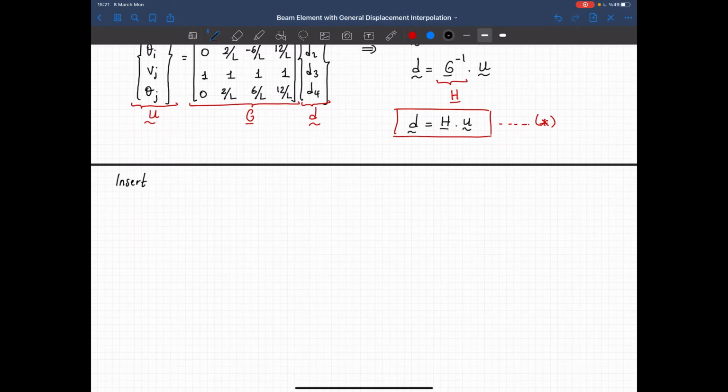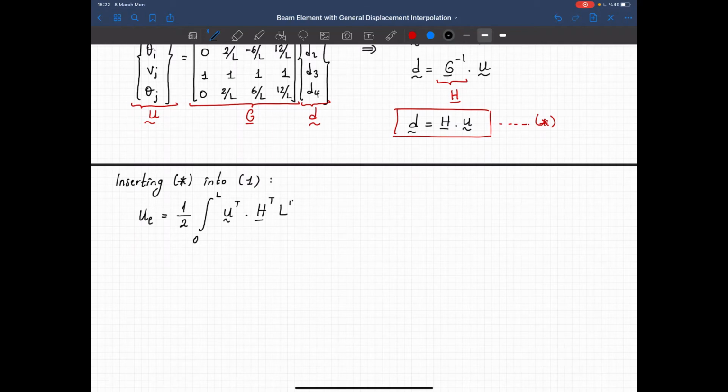Inserting equation star into equation 1, we have the following relationship: UE is equal to 1 over 2 integral from 0 to L, U transpose multiplied by H transpose.